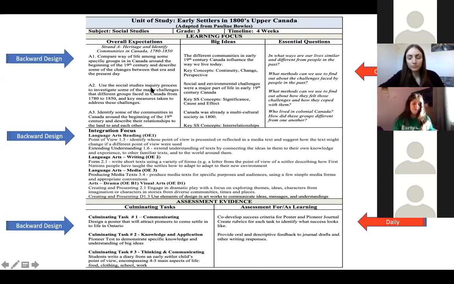So here are the overall expectations that are right from the curriculum. And the reason they're overall, as opposed to, in lessons, they're specific, is because you're not teaching, in this case, social studies all the time. Generally, teachers will teach social studies and science, often in the form of a unit.